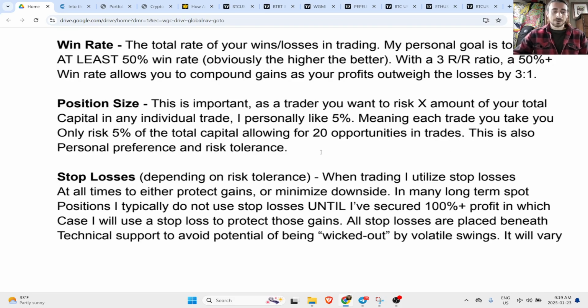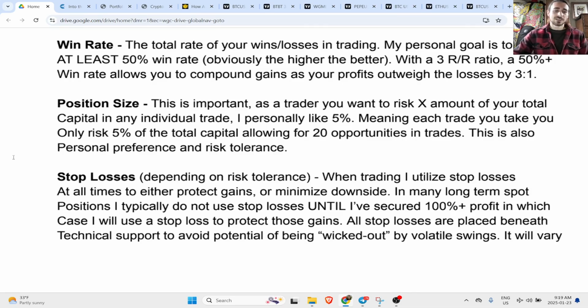You're not going to put all your money into your first trade or first couple of trades. You might not end up on the winning side, and if you've lost all your capital or half your capital in the first trade, you're going to be really discouraged and probably scared to continue trading. So we keep it small, and then we have more opportunities for those wins.